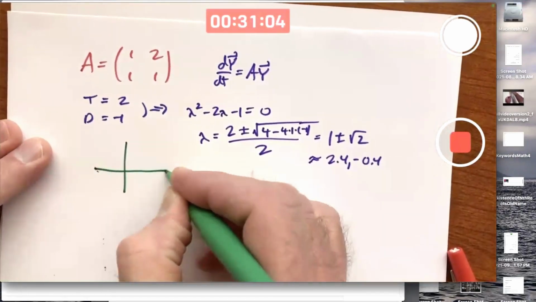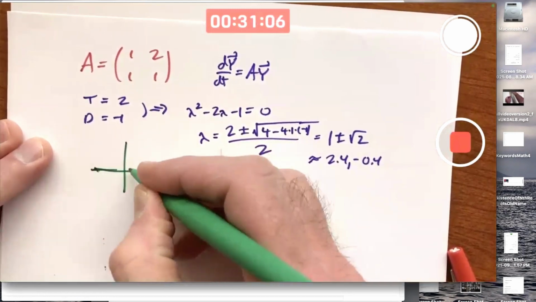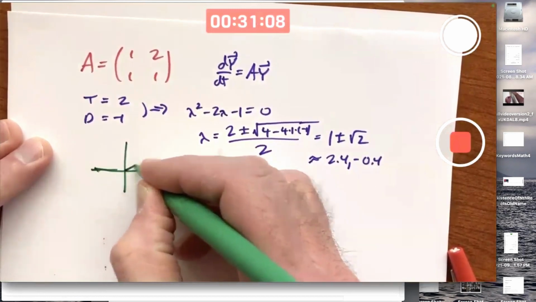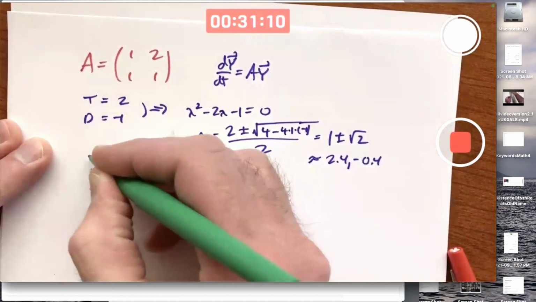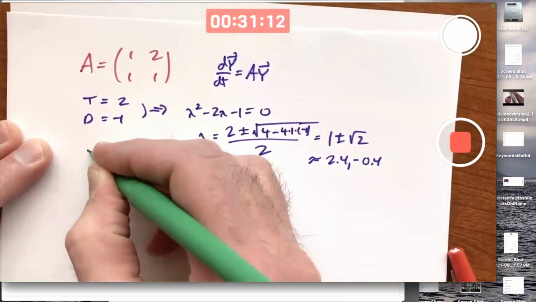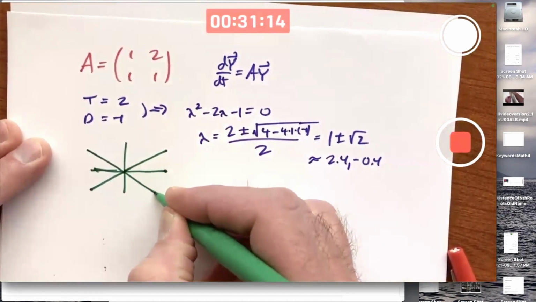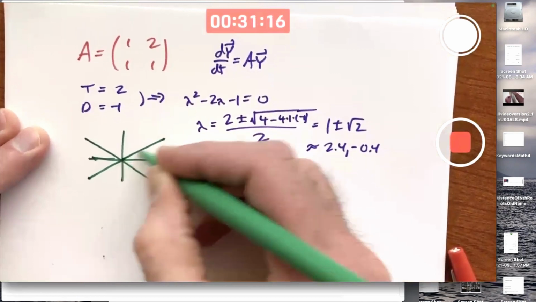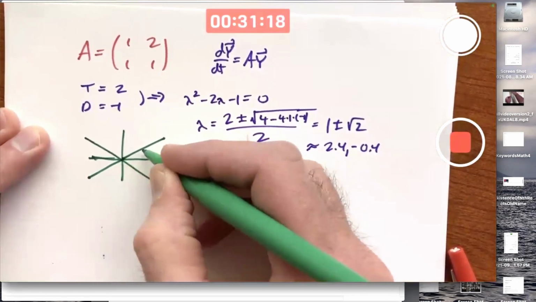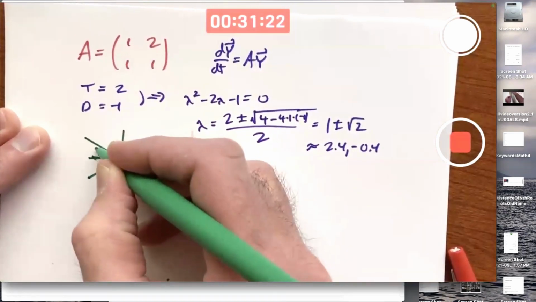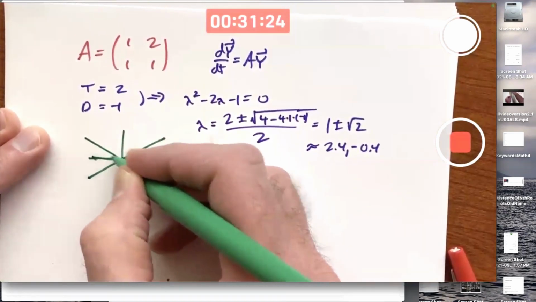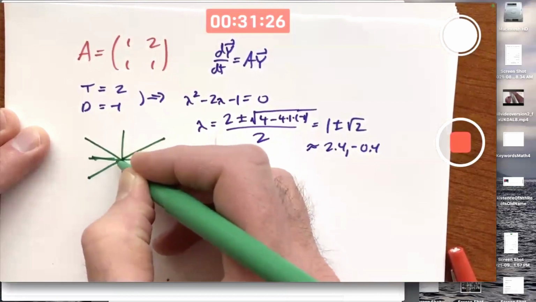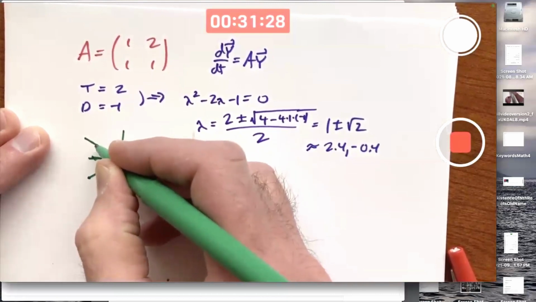My straight line solutions are going to be along lines that look about like this. This line is parallel to the vector whose components are approximately 1.4, 1. This one is parallel to the vector whose components are approximately negative 1.4, 1.